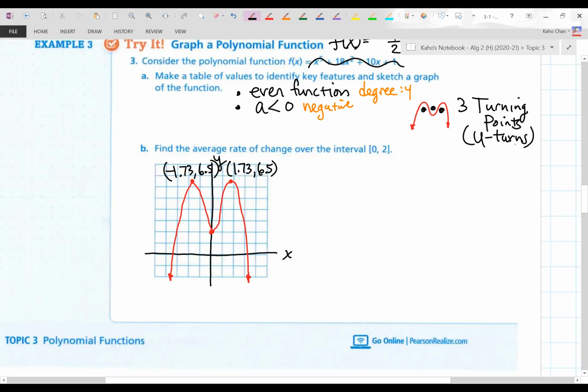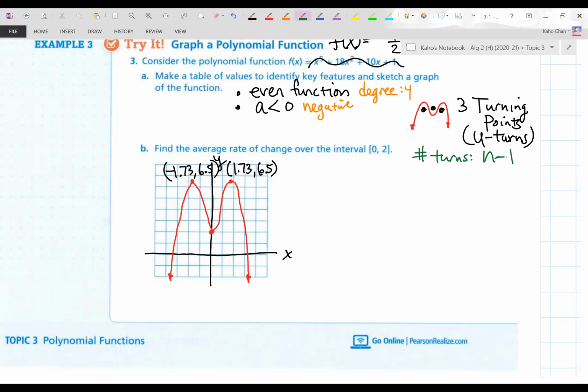Here's the relationship. The number of turns or turning points is equal to the degree minus 1. So 4 is the degree, minus 1 is 3. That's the relationship. Pretty cool, huh?